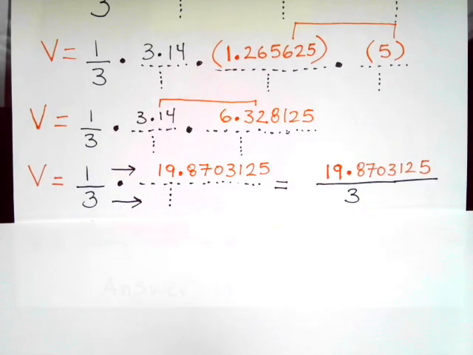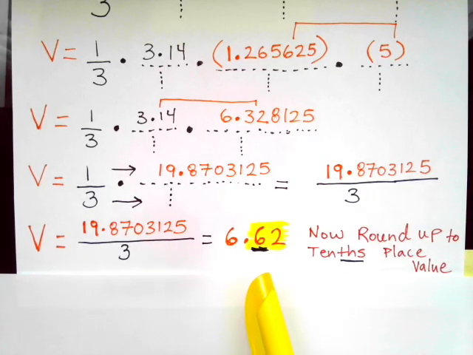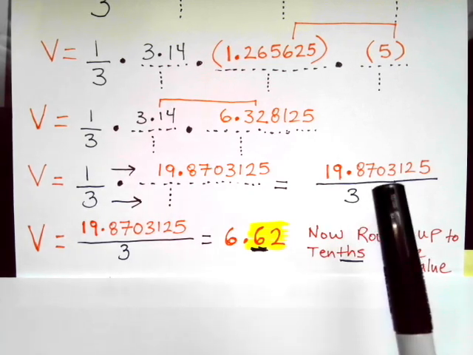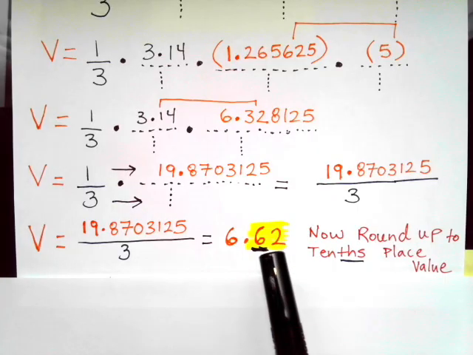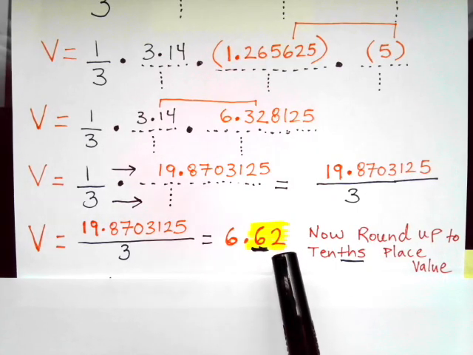Now remember, in the answer, you need to round up or round down to the tenths place, right? The tenths place. And so here, when you divide this value, you get 6.62. All right. The number to the right is 6. Is that 5 or larger?